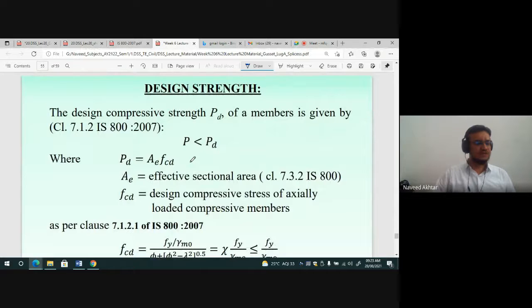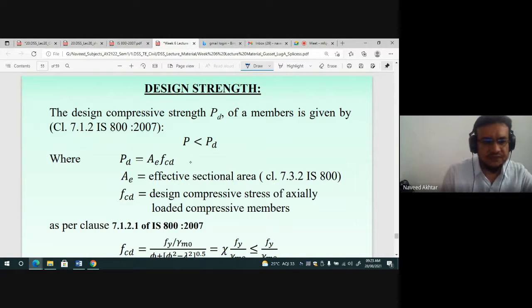Now, we know the failure of a section in compression may be by crushing or by buckling. Generally, the design compressive strength of the column or compression member is given by PD equal to A into FCD.